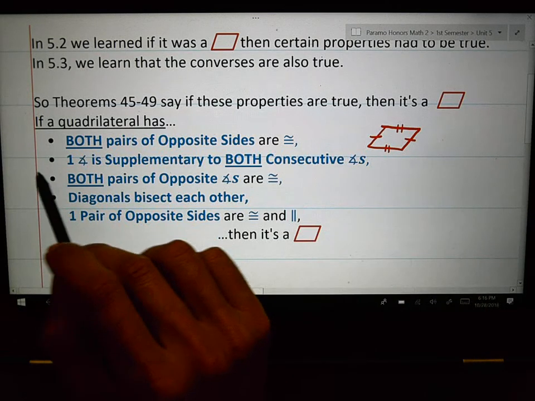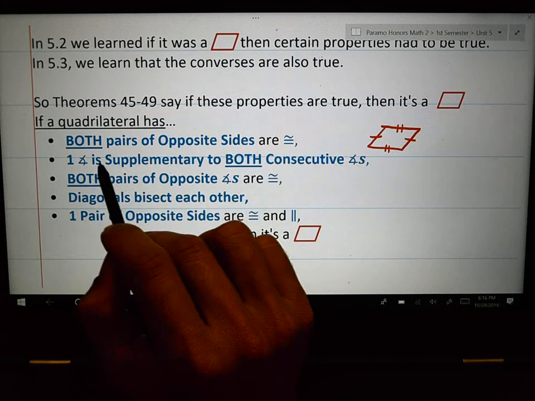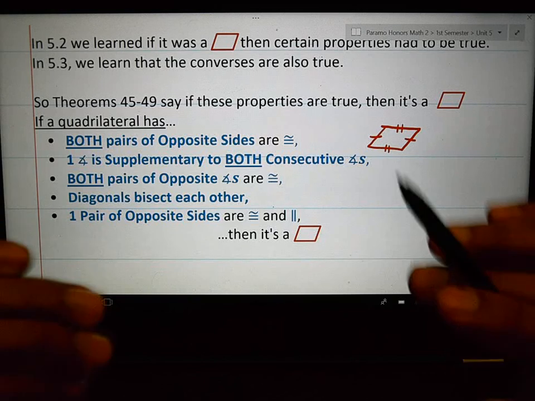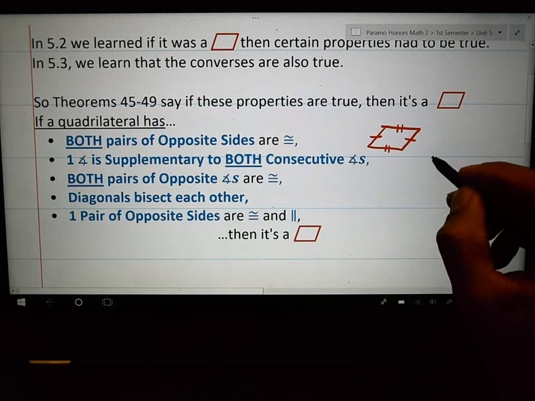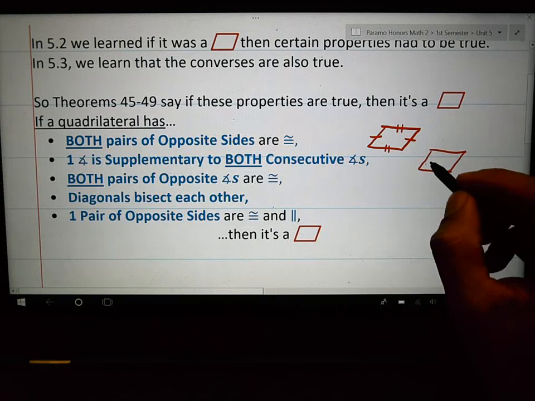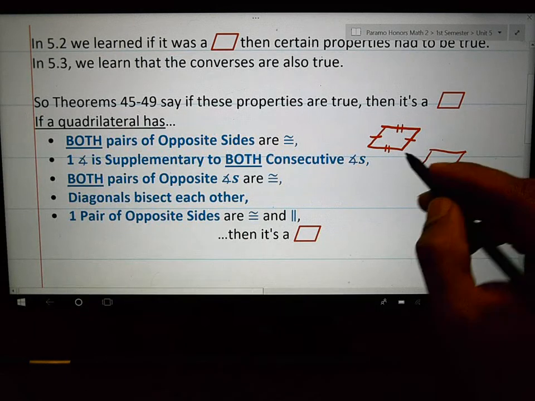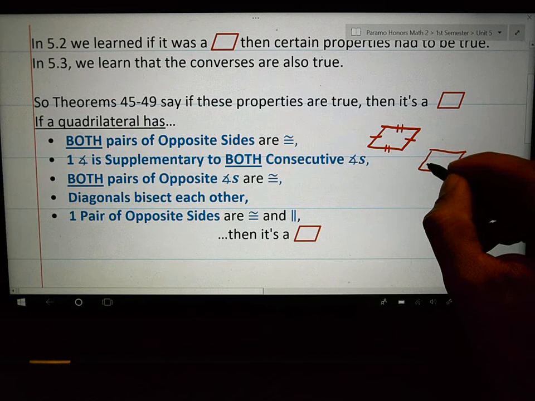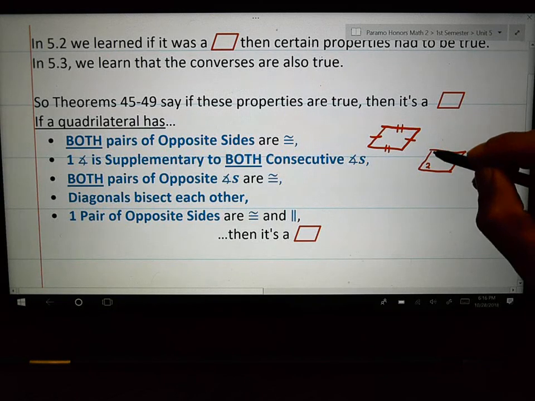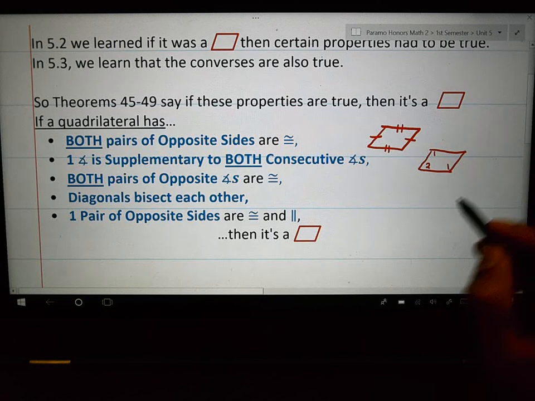Let's do statement number 2. If one angle is supplementary to both consecutive angles, so the minimum that you need, let me draw you another little parallelogram here. The minimum that you need is one angle, let's say angle 2, is supplementary to both consecutive angles, angle 1 and angle 3.